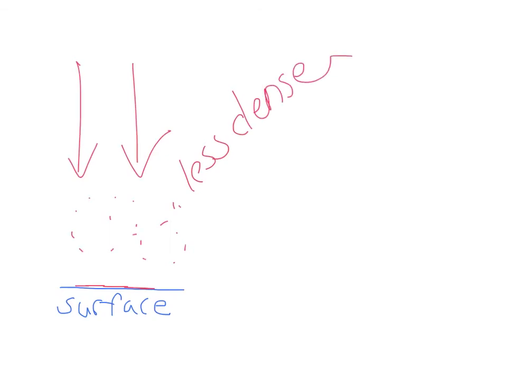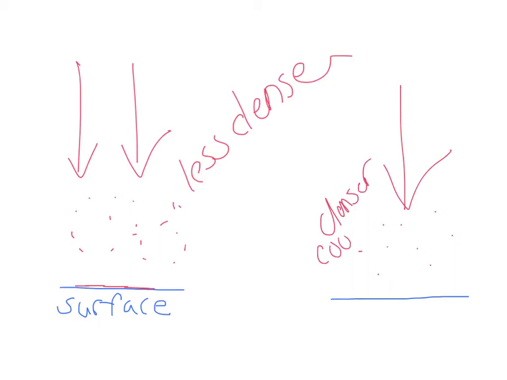Now let's suppose that we have another surface over here, but this surface doesn't get as much heat. It only gets 1 arrow's worth of heat, right? So the air above it isn't going to get as warm. It's going to get a little warm, but not as much. Now what's going to happen to that? It's not going to get quite as less dense. In fact, it's going to become denser because it's going to be cooler. This one was warmer.